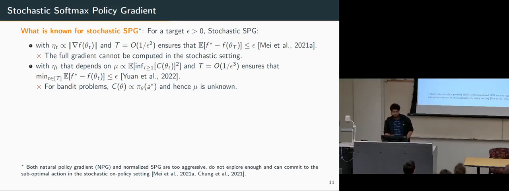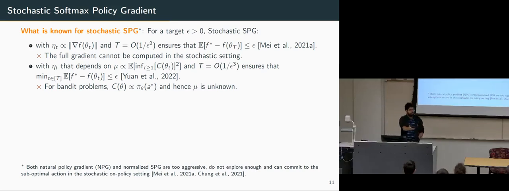Okay, so for stochastic SPG, the things which we know are that if you set the step size proportional to the norm of the full gradient, then with these many iterations, you will get epsilon convergence. Of course, the full gradient cannot be computed in the stochastic setting. Another paper by Yuan et al. says that you should set eta that depends on mu.